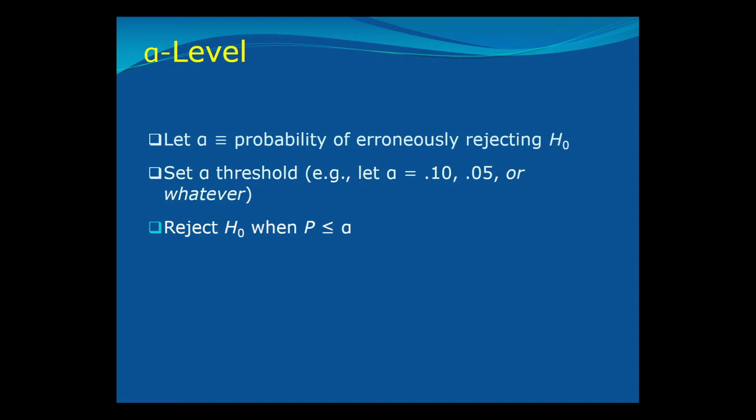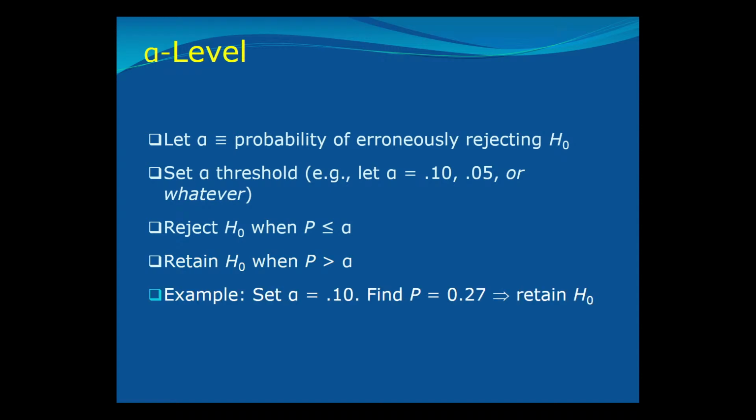But we can choose any alpha level, but the most popular are these three. Then the rule is the next one. We need to reject H0 when the p-value is less than or equal to alpha. Retain H0 when the p-value is greater than alpha.